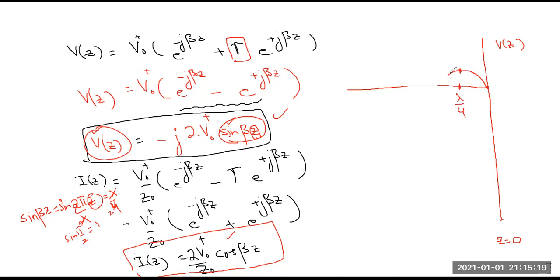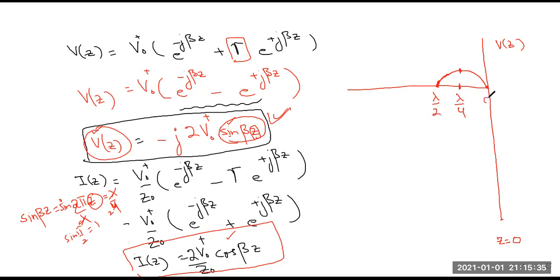And then this voltage will again become 0. Using this result, it is easier for you now to point out that when this voltage will again be zero, it will be at lambda by 2.